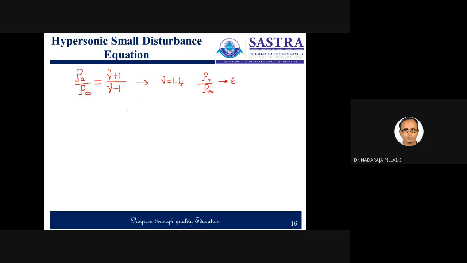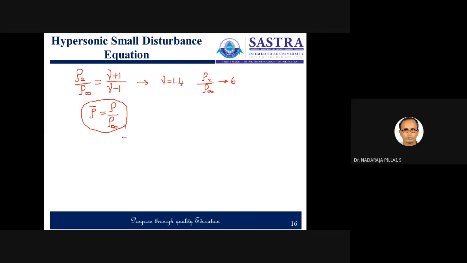So in the case where we want a non-dimensionalized form of the density, we can have rho by rho infinity. So this is very simple. We can take it directly.